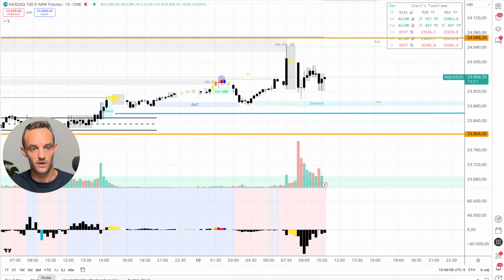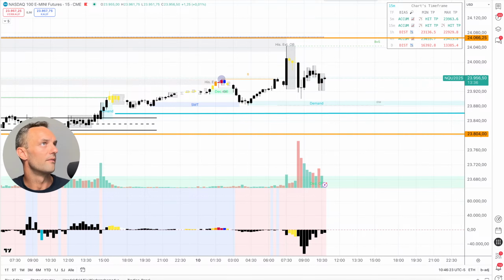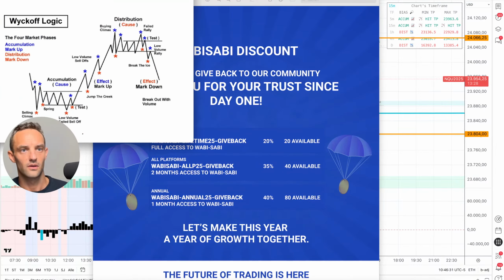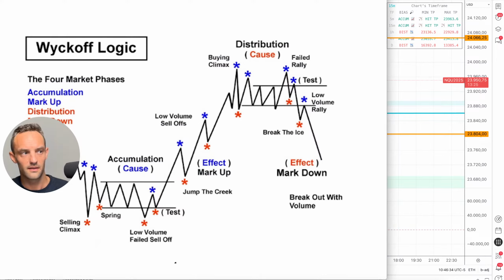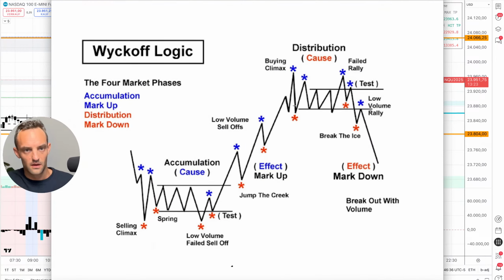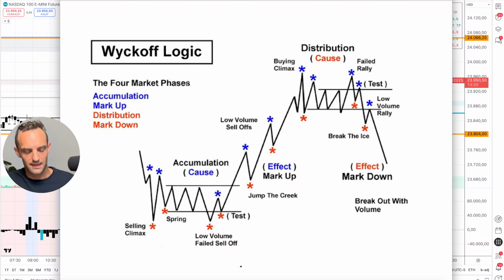What do we mean with accumulation and distribution phase? We mean the Wyckoff Flow Structure Map, because the market is in an accumulation phase or in a distribution phase.